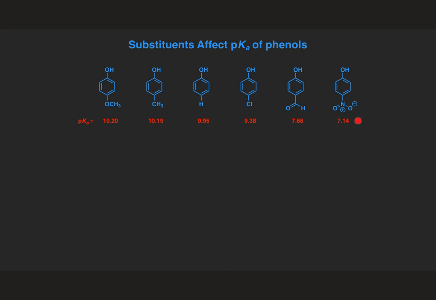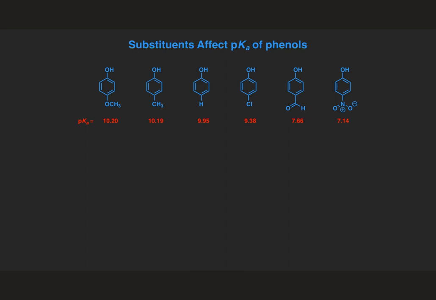There's over a 10 pKa unit difference, which means this paranitrophenol is about 1,000 times more acidic than paramethoxyphenol. Again, if we want to understand more about why that is, we've got to look at the conjugate base.